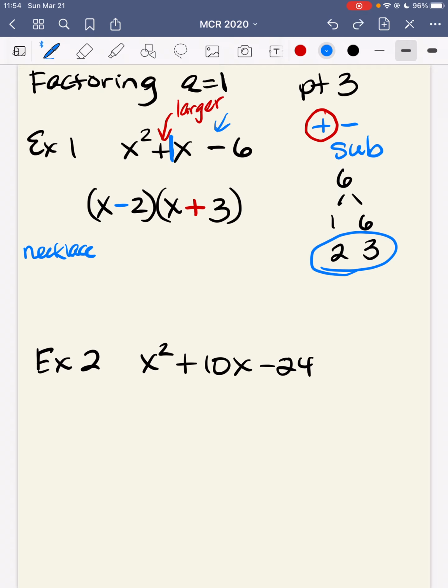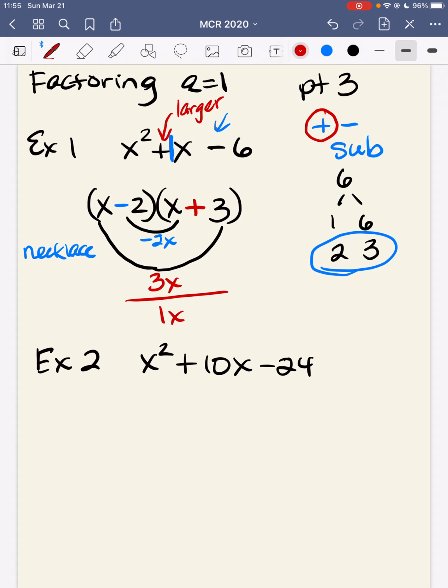So I have a negative 2 times x, which is negative 2x. And I have an x times a positive 3. That gives me a 3x. And when I add those together, 3 minus 2 does give me 1x. So I am good to go.